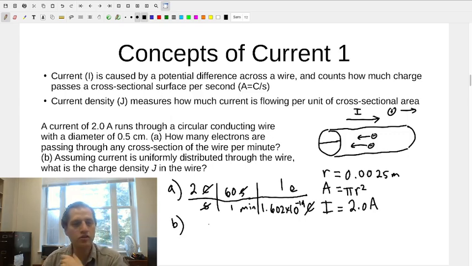Okay, and then B, assuming that the current is uniformly distributed through the wire, what is the current density J in the wire?